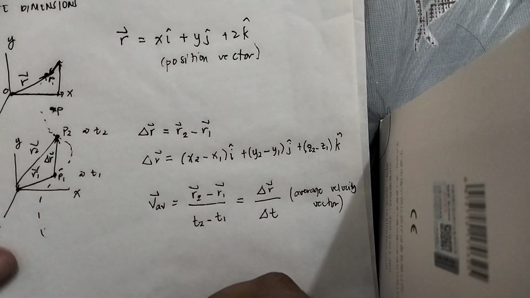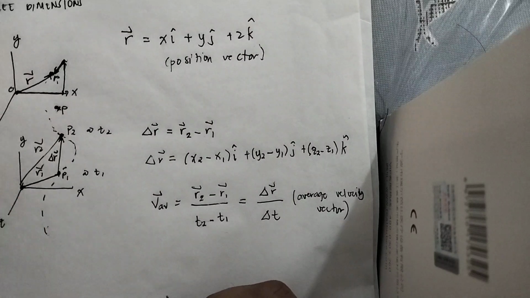We also have instantaneous velocity, like we did in chapter 2.